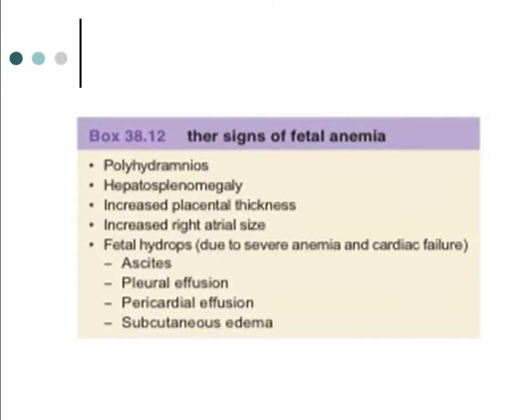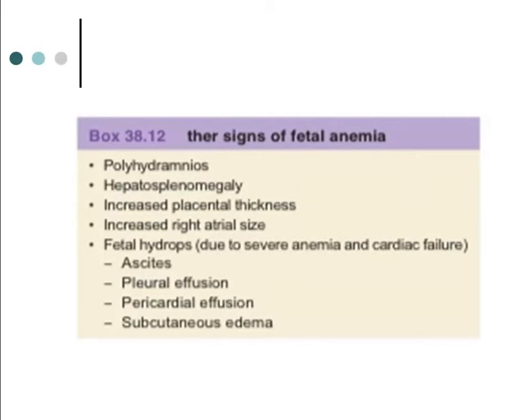So what are the signs that the baby inside the uterus is having fetal anemia? There are certain things you can find out with the help of ultrasound, like polyhydramnios.